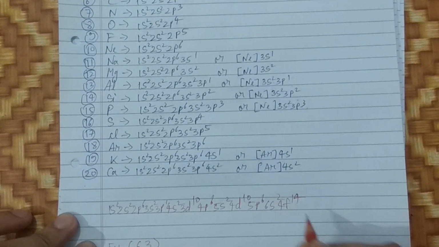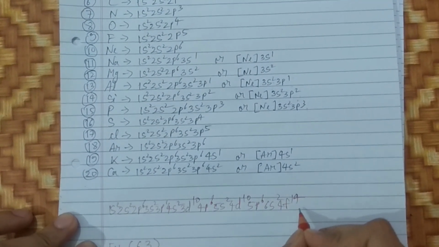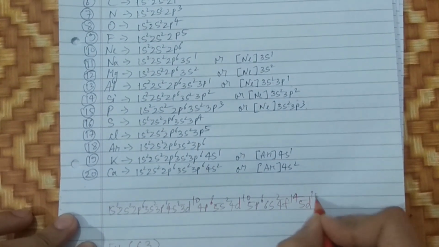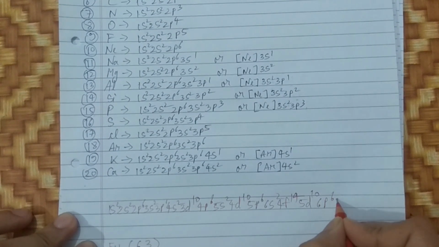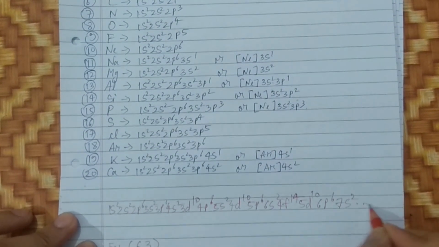F orbitals have the capacity of 14 electrons, as you already know; I have discussed this in the quantum number videos. And then 5d10, then 6p6, and 7s2. So this way and so on. This is the format.